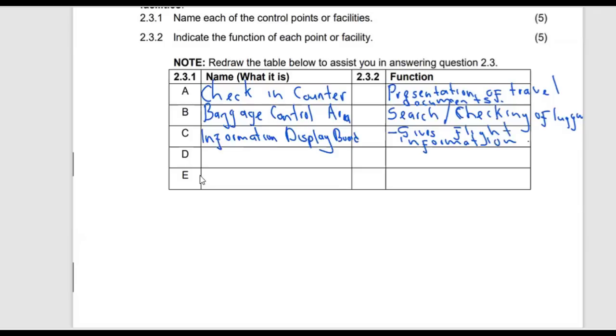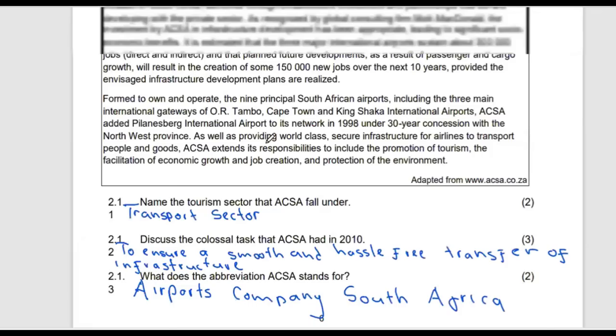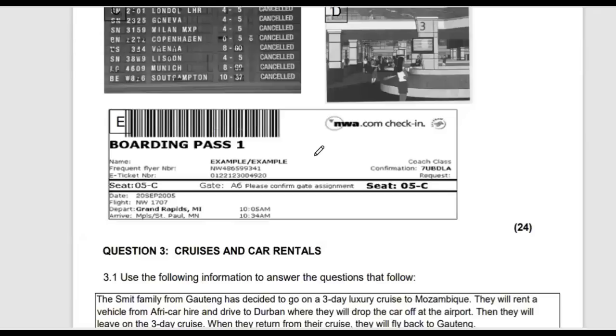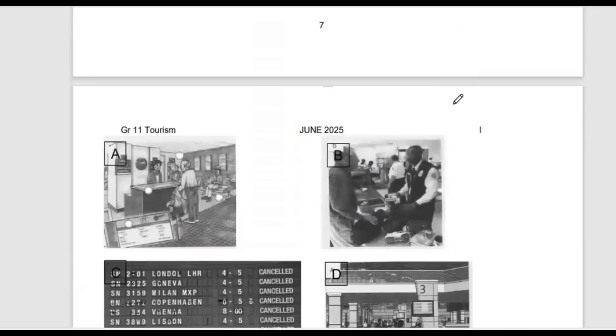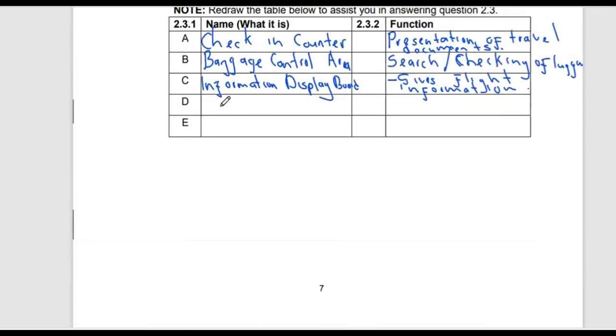Then if you look at D, let's look closely at the image. There is a lady who is waiting probably for the baggage. So you can call it the baggage claim area, for collection of checked luggage.